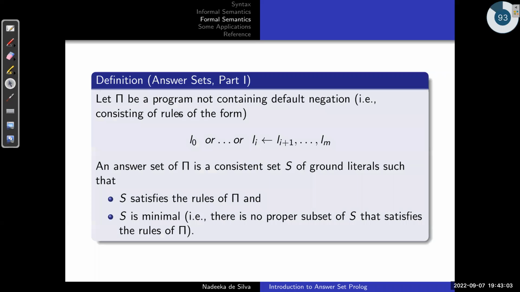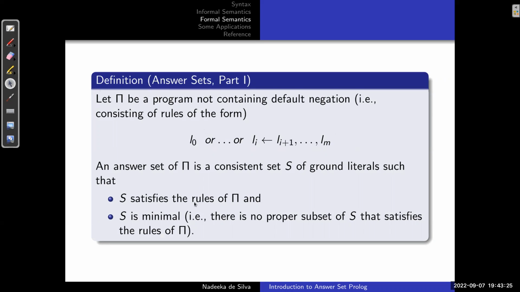So then the answer set we define in two parts. Okay. The first part of the answer set is for this type of rule where we don't have the classical negation. So for the first, we define the answer set, how to get a formal computation of the answer set here.